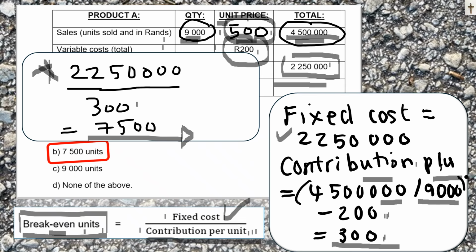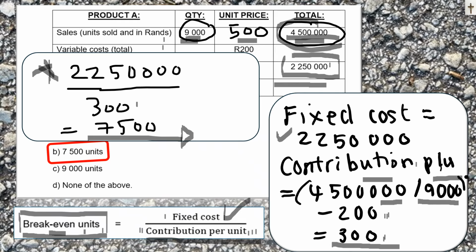The break-even is difficult to calculate, but if you know your formulas, you will be able to do it. One thing that comes up often is the contribution per unit, which is the selling price of a unit minus the variable cost price of a unit. In this case, it was 500 minus 200, which would have given you the contribution per unit. How did I get that 500?